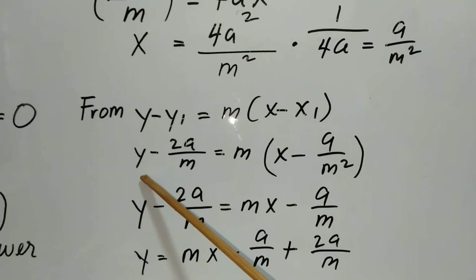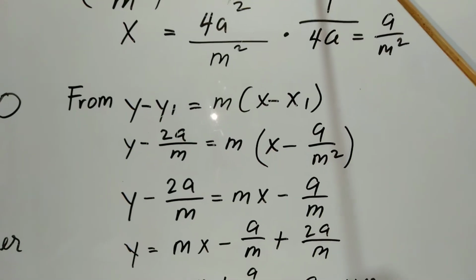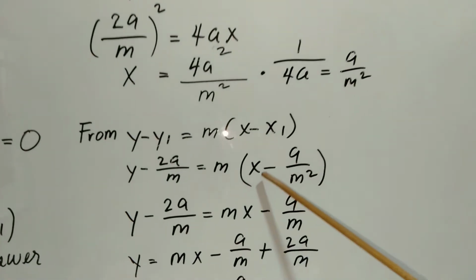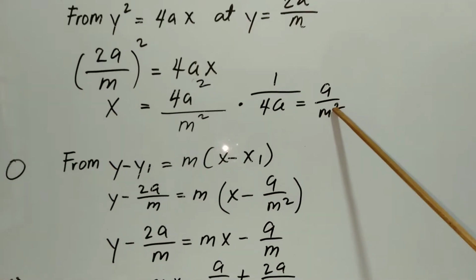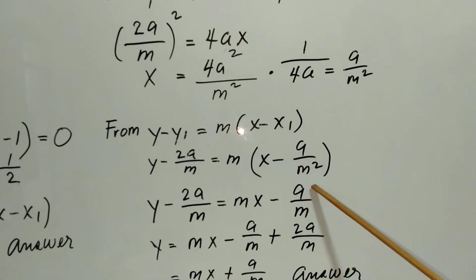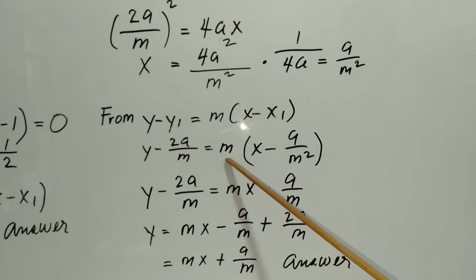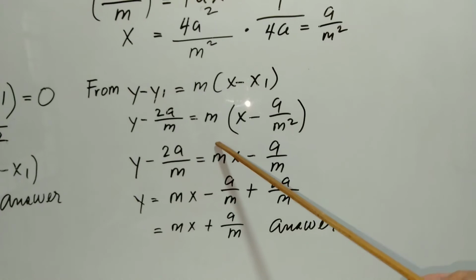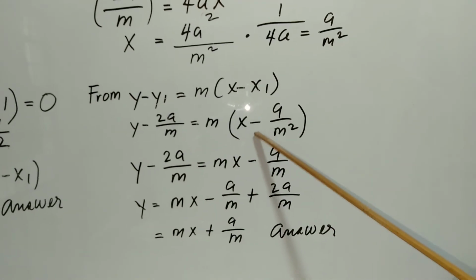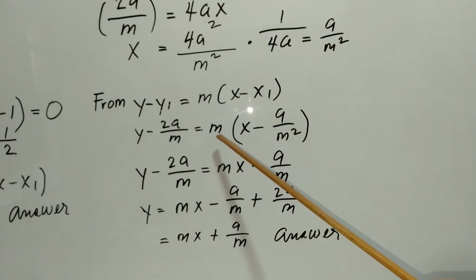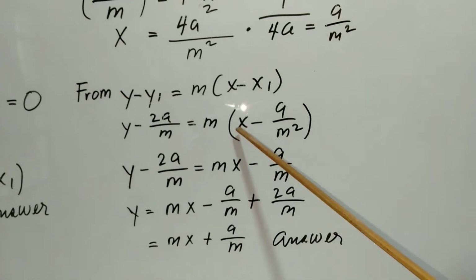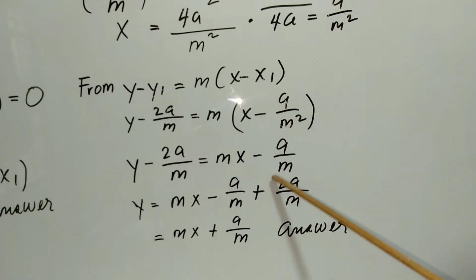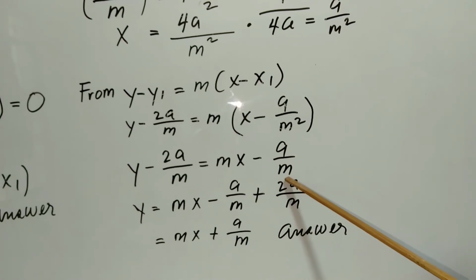So we got the value of y here to be 2a over m, so y minus 2a over m is equal to m times quantity x minus a over m squared, with slope m. So we multiply this inside the parentheses here, we get m times x, mx, m times a over m squared, so a over m.